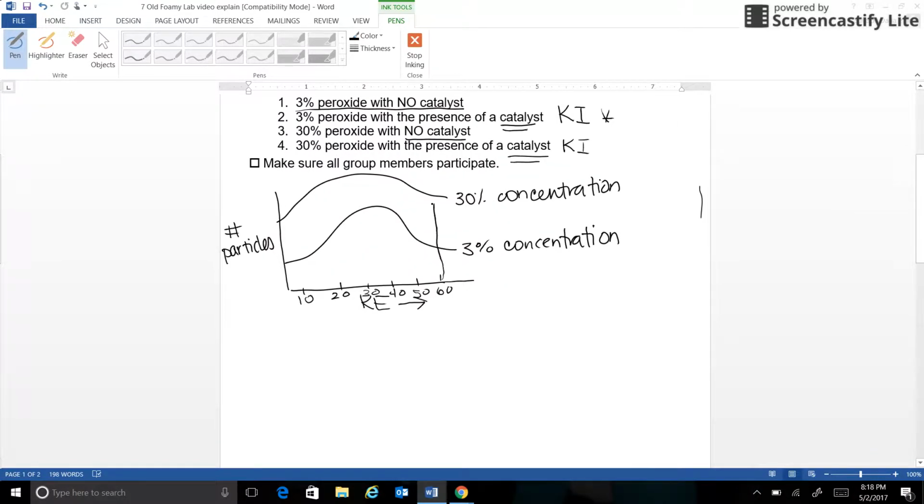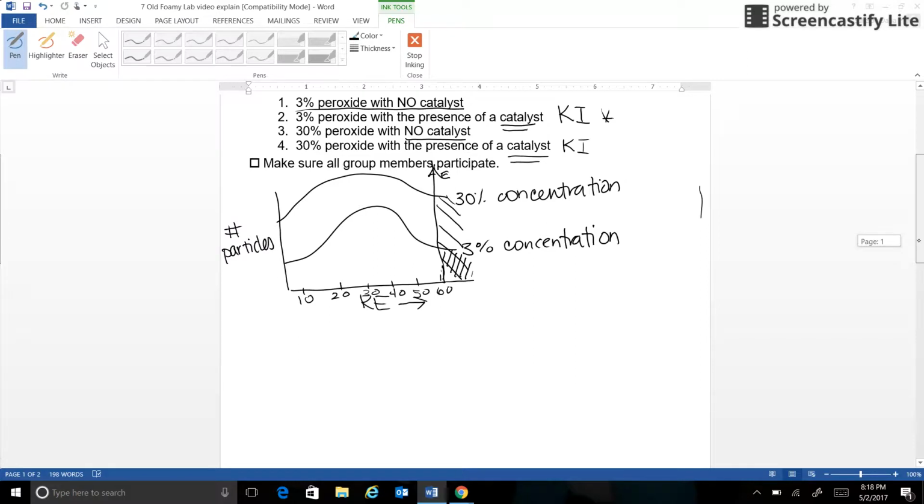I will mark it up right here. This can then be explained using this kinetic energy graph and our activation energies up here. This is how much of the reactants reacted with 3%. When we added 30%, this entire part of the graph would have been represented by what reacted.